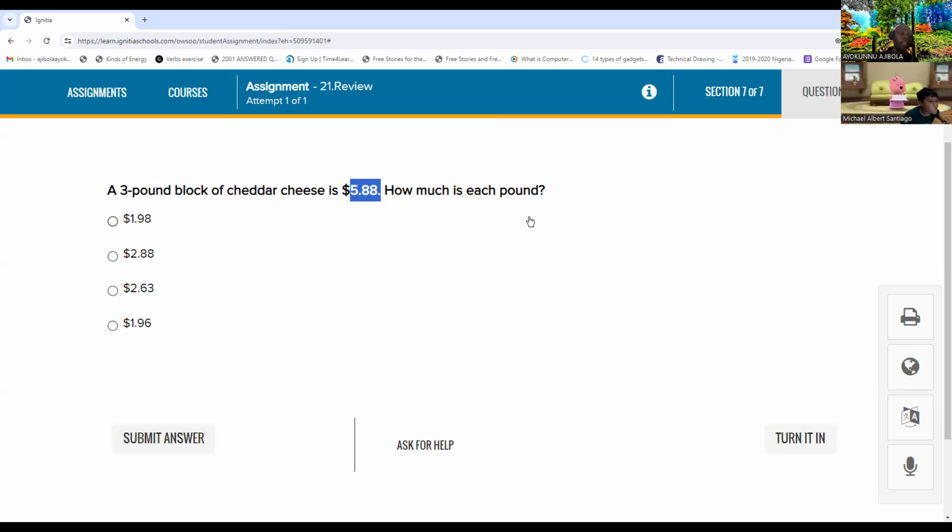No. I said if there are 3 that cost $6, then you divide to get 2. To get the price of 1, you are going to divide 5.88 by 3.